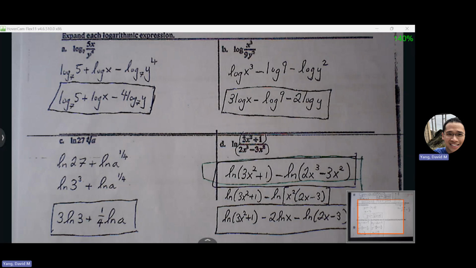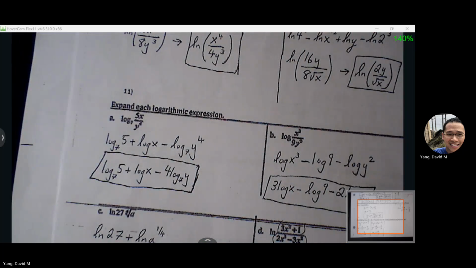So when you get to part D and you go through that initial expansion, you can stop after that first step. You don't even have to do the other two steps. No, this is fine. This is sufficient.